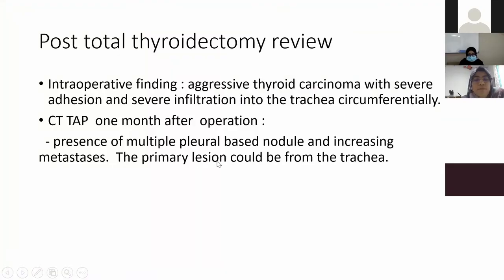So for this patient, intraoperatively, I reviewed the case note. They mentioned that clinically they were thinking of aggressive thyroid carcinoma with severe adhesion and severe infiltration into the trachea circumferentially. One month after the operation, after the total thyroidectomy, they proceeded with CT thorax, abdomen, and pelvis.